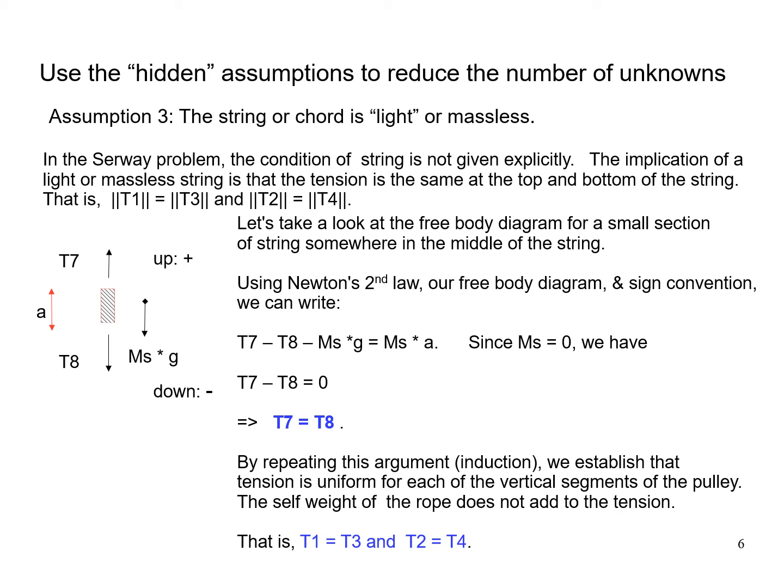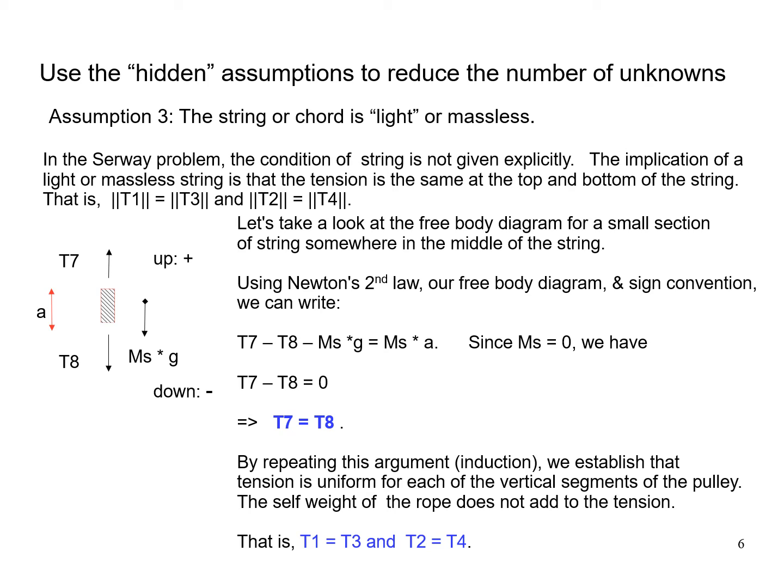Now the sign of the net acceleration depends on which side of the pulley our section resides. That is, a may be in an upwards or downwards direction. I've indicated this with a double red arrow in the free body diagram. Now, for our problem, I've assumed the net acceleration is positive. In fact, m_s equals 0. Therefore, the sign becomes irrelevant.